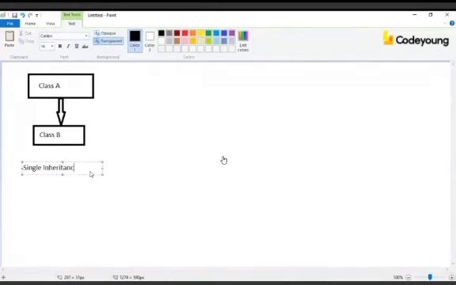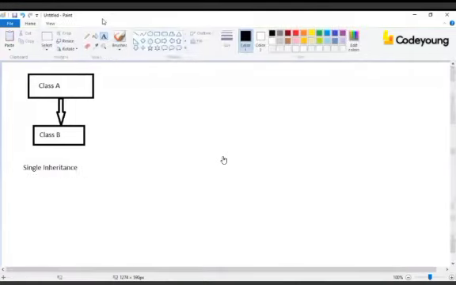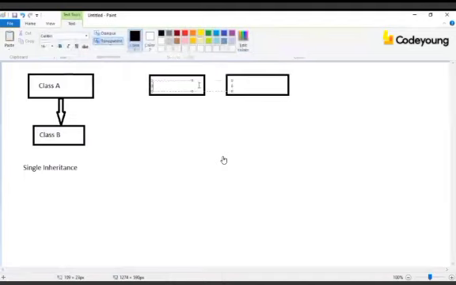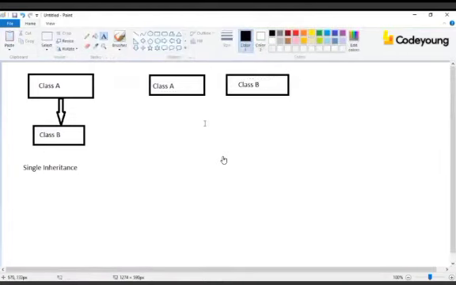Okay, and then let's say we have two classes A and B. If I say class A over here and class B over here, and these two classes' properties are being inherited by a third class, then we call this multiple inheritance.